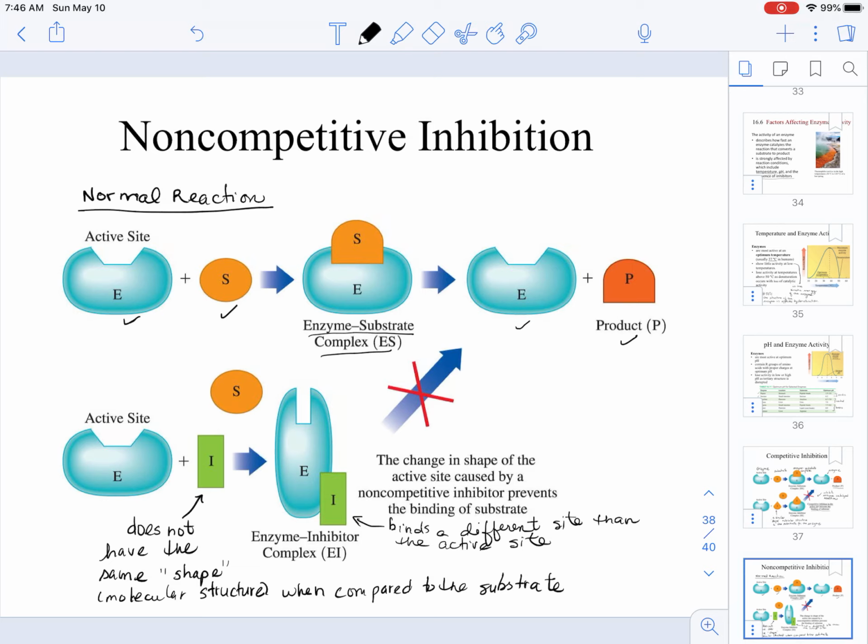So now the substrate cannot bind the active site because it changed. This type of binding that is different from the active site is called an allosteric site because it's different from the active site. And then, because now the substrate cannot bind the active site of the enzyme, that's how the enzymatic reaction is inhibited.